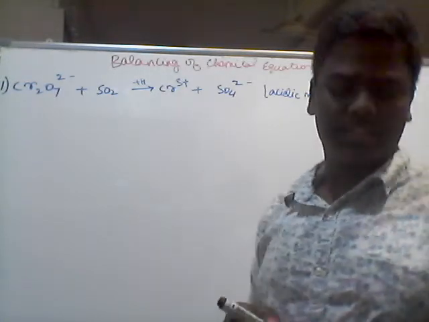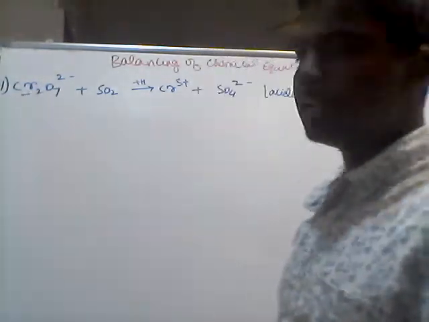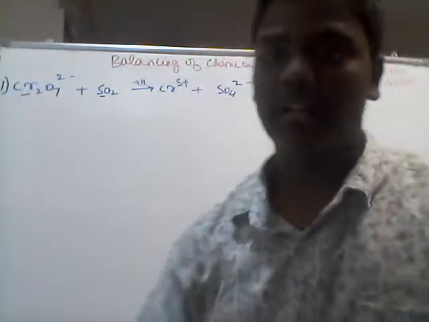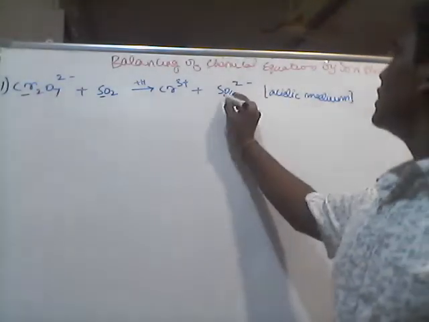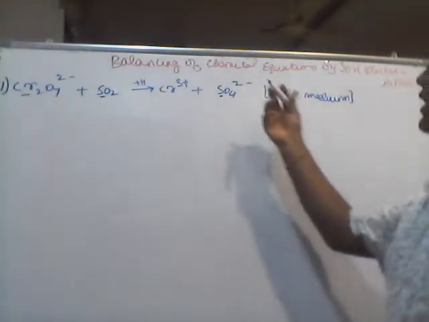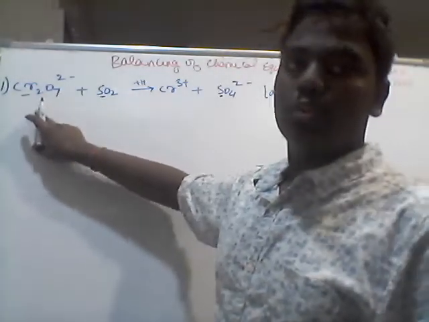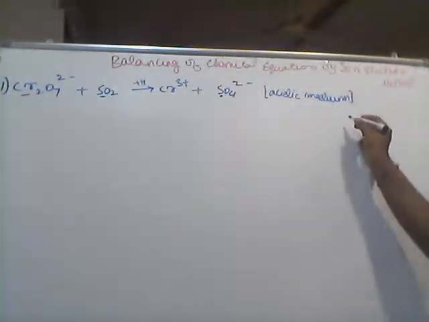For that, find the charge of chromium and the charge of sulfur in each species. We can find it orally, but as it's the first example, I am showing how to find it.